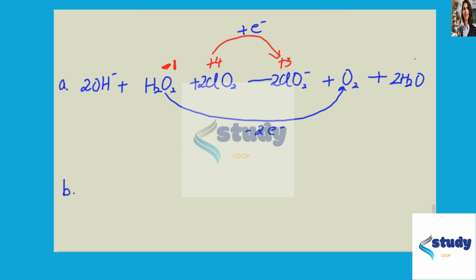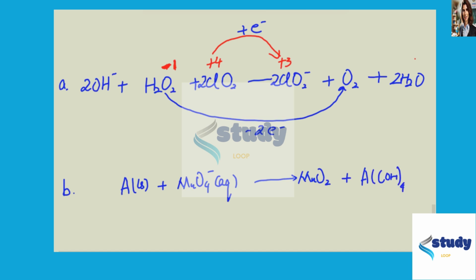And the second one uses aluminum, which reacts with permanganate, MnO4 minus, and then forms manganese dioxide and aluminum hydroxide ions.